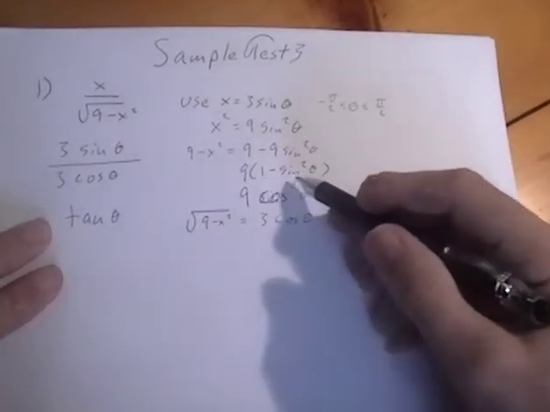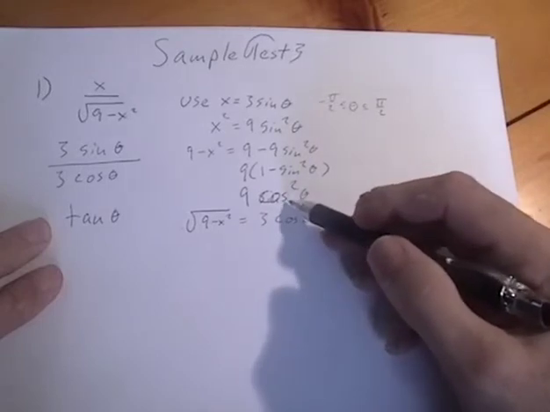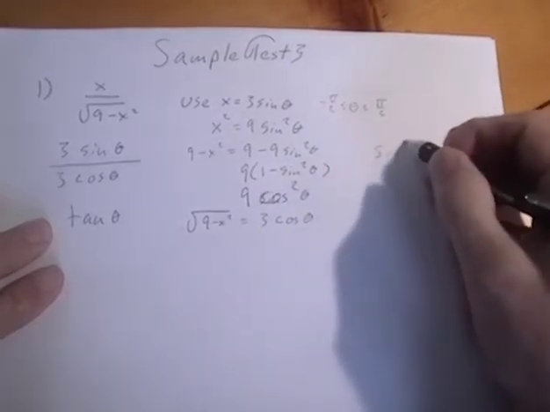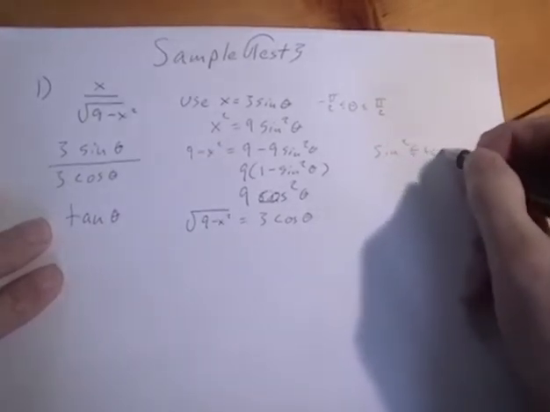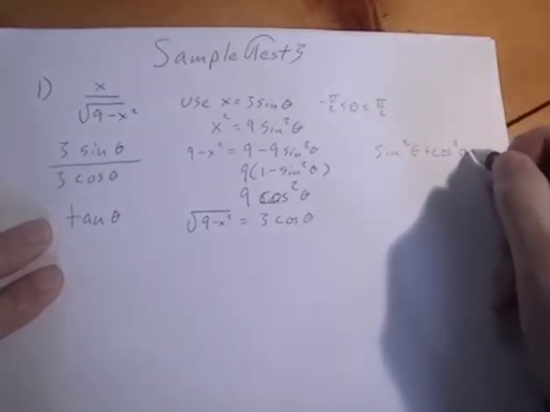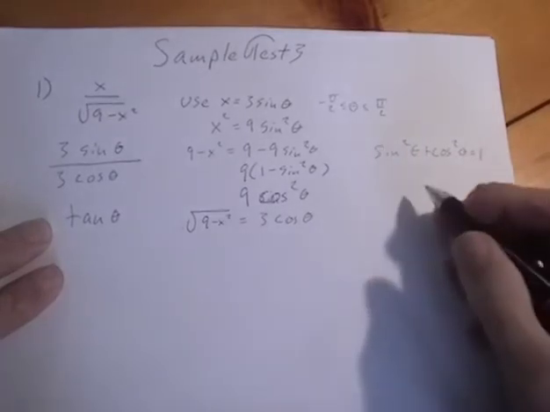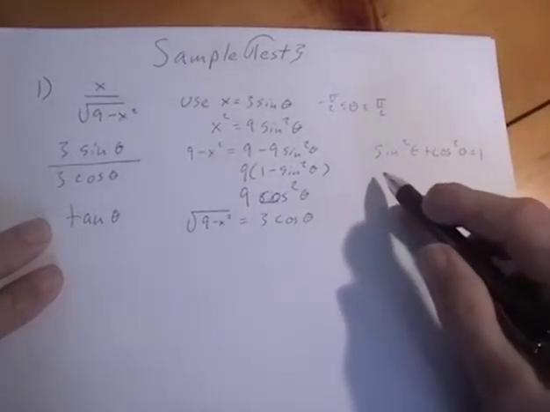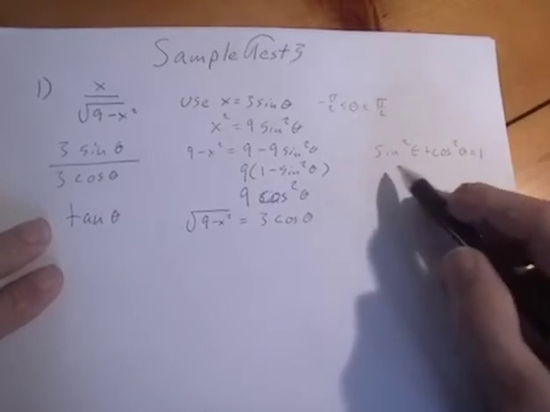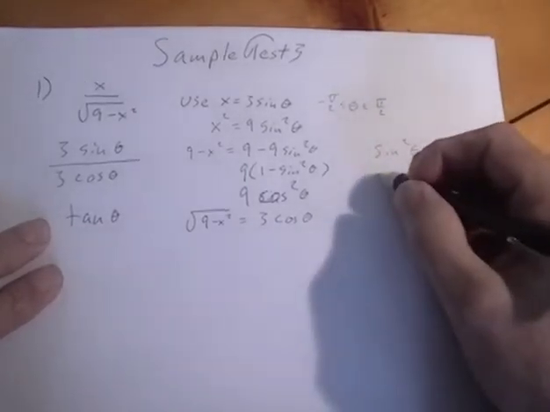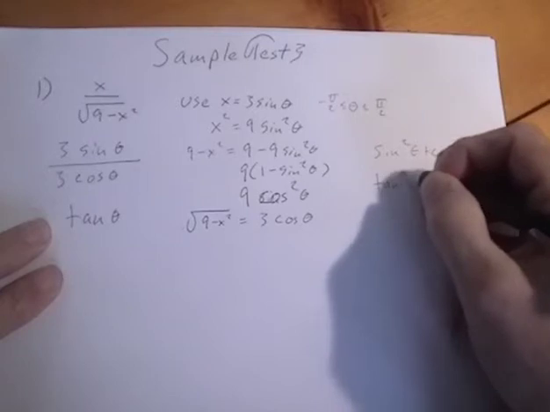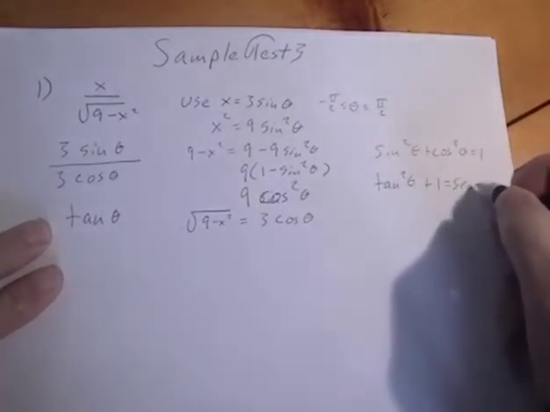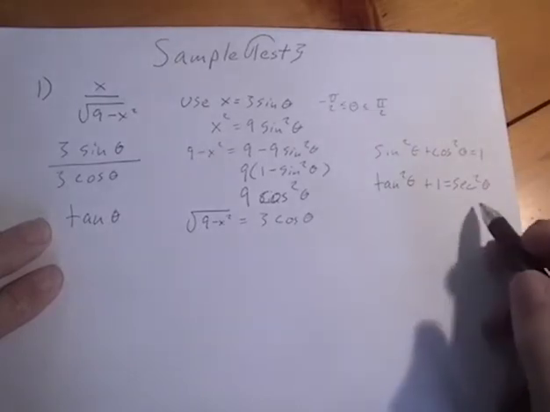Here, I use a 1 minus sine squared to get a cosine squared. This is based off of sine squared theta plus cosine squared theta is equal to 1. You might also be called upon to use another Pythagorean identity, namely that tangent squared theta plus 1 is equal to secant squared theta.